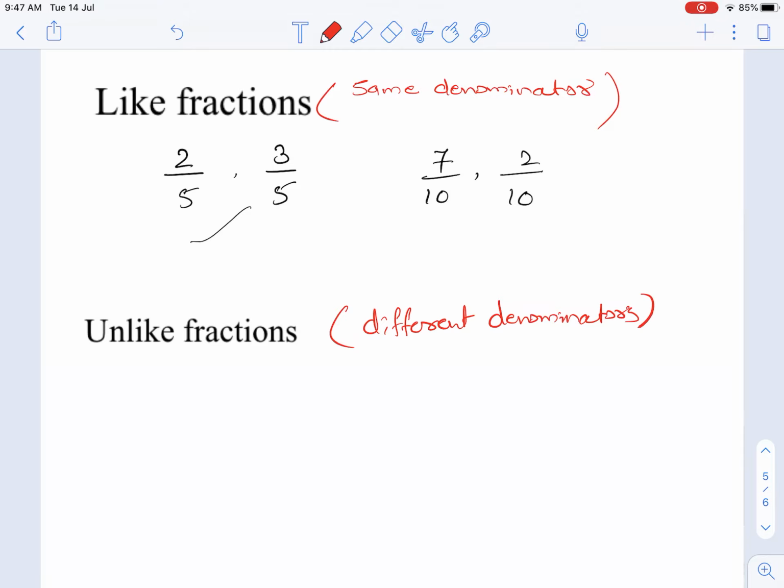For example, 2 upon 3, 7 upon 8. In both these fractions, the first denominator is 3 and the other denominator is 8, so they have different denominators and are known as unlike fractions.